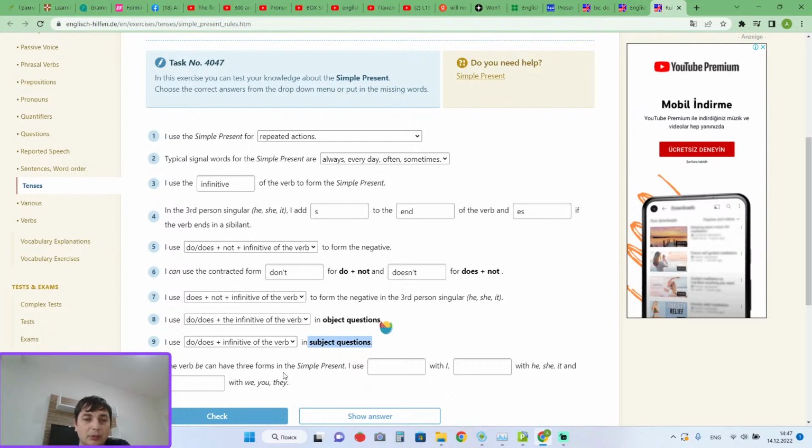The verb can have three forms in the simple present. I use with I. The verb can have three forms.